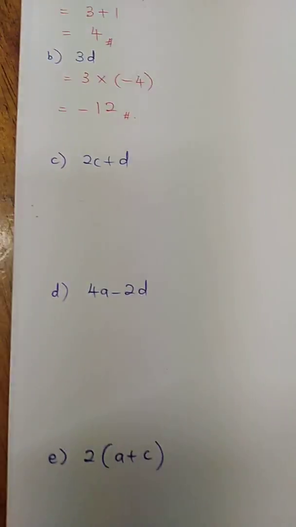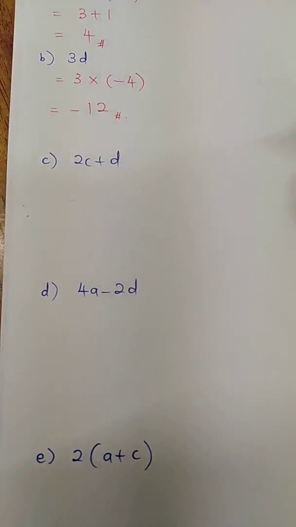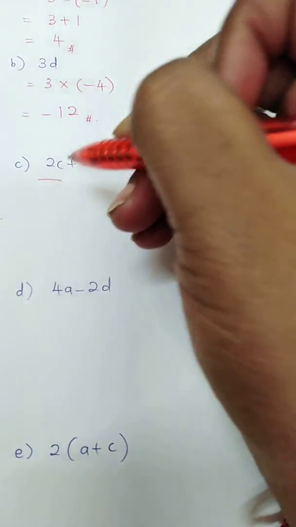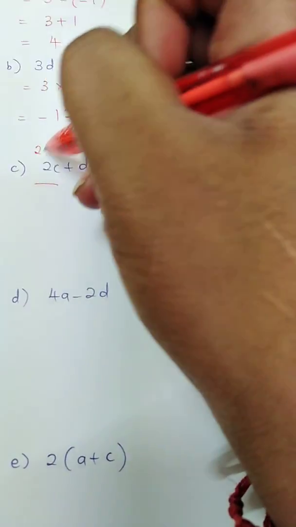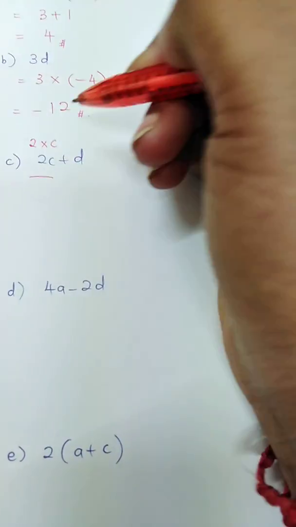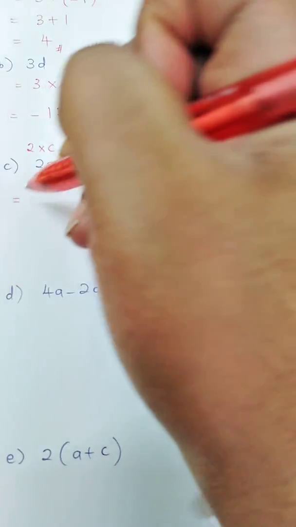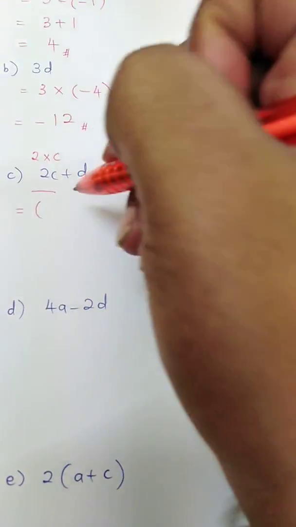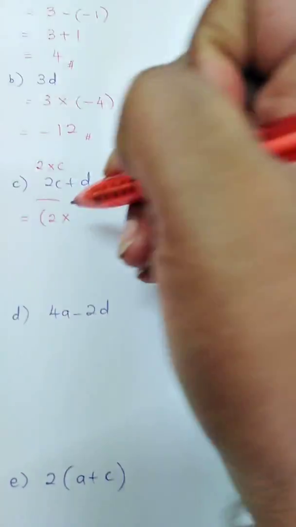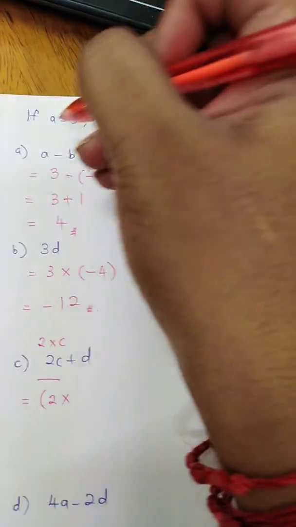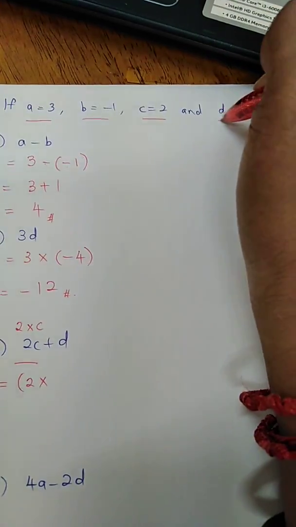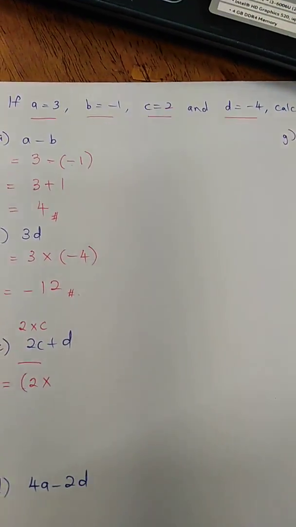Now for question C, we have 2C plus D. Remember, 2C means 2 times C. You can do it in brackets as well. Look at your values, all 4 values are very important.